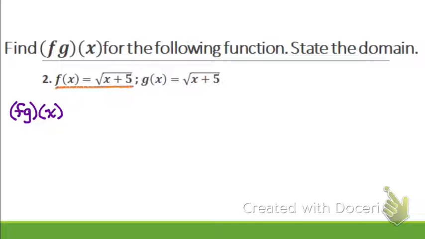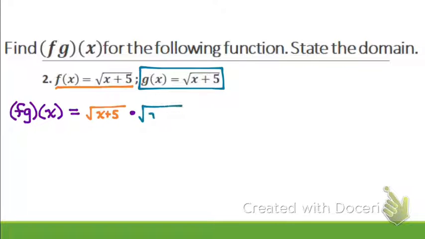Here's my function f of x. So I'm going to have the square root of x plus 5 times my function g of x, which happens to be the exact same. Square root of x plus 5. What happens when I multiply those two together?